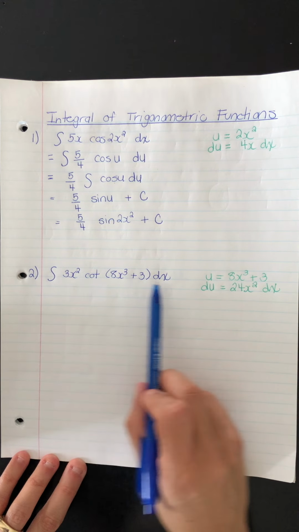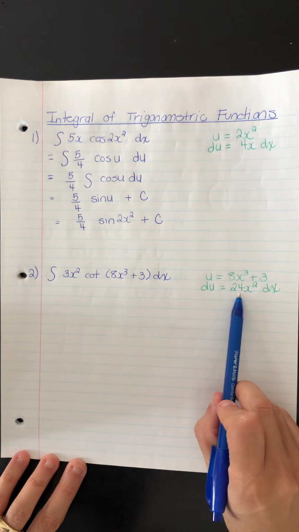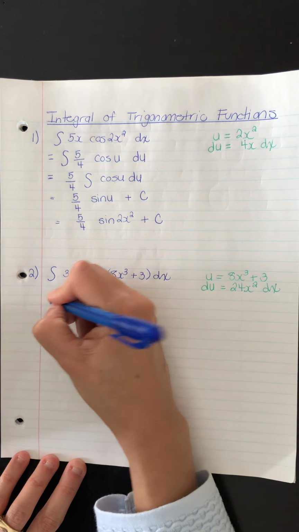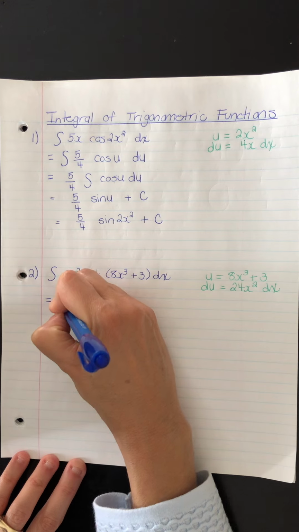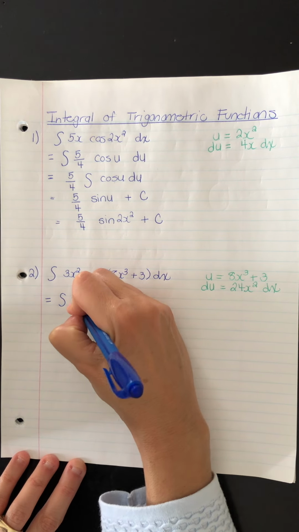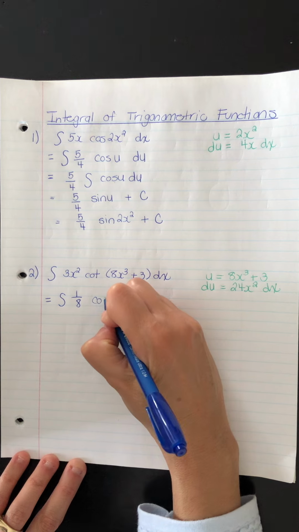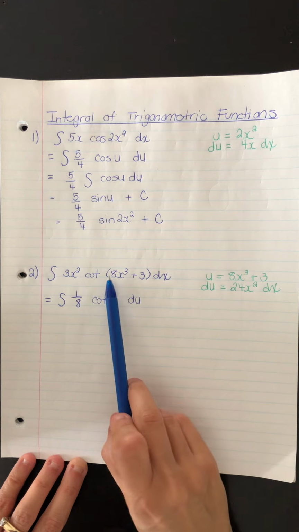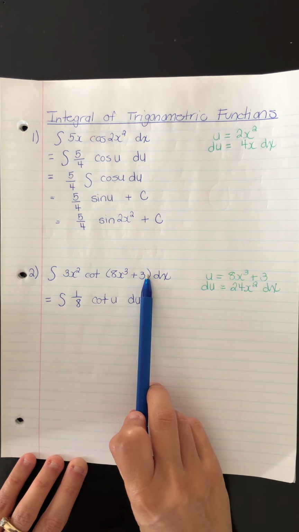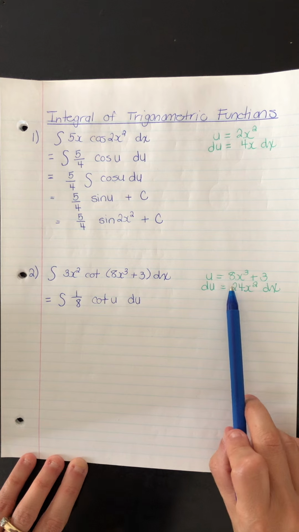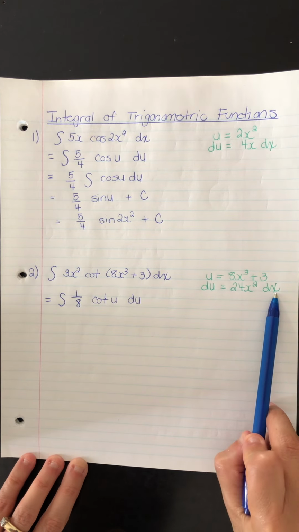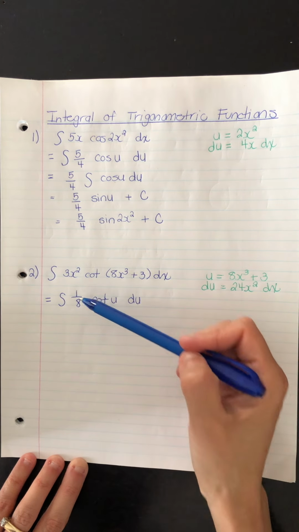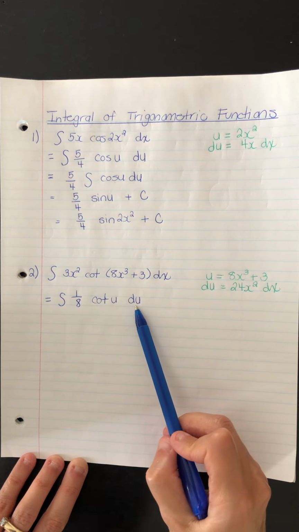So 3x squared divided by 24x squared is 3/24 or 1/8. So now we have the integral of 1/8 cotangent of u du. Again, we called this u, and the derivative is 24x squared dx. And instead we had 3x squared dx, so we had 1/8 of du.